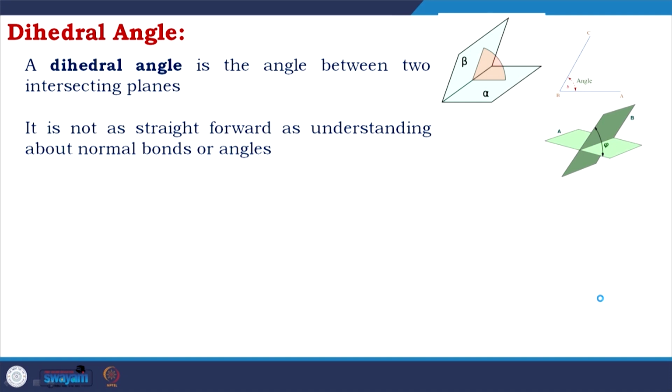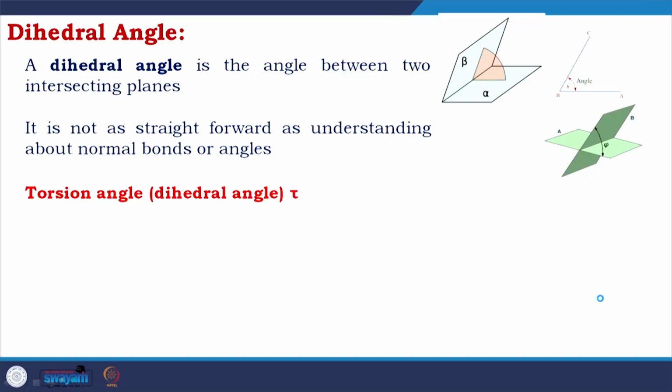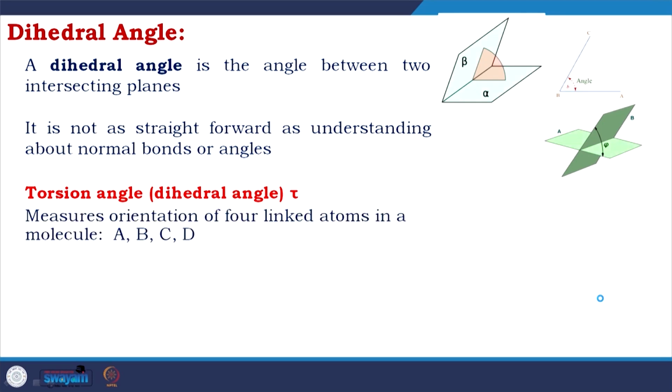But from here, I will shift to the atomic description of the dihedral angle, which I hope will give you a much better idea. It is also called the torsion angle, tau. So, what is the torsion angle?